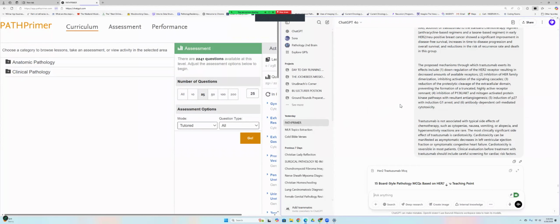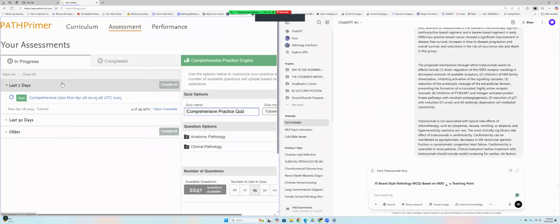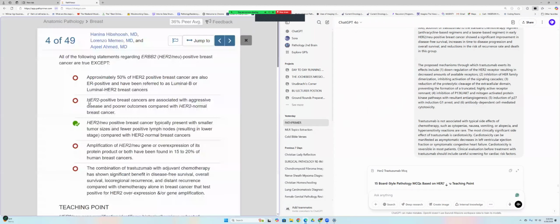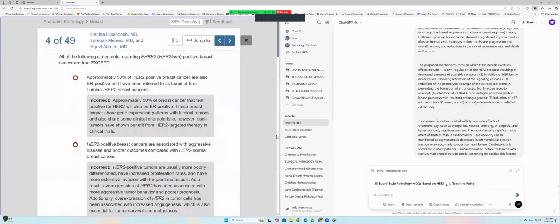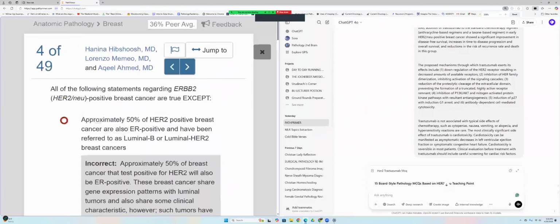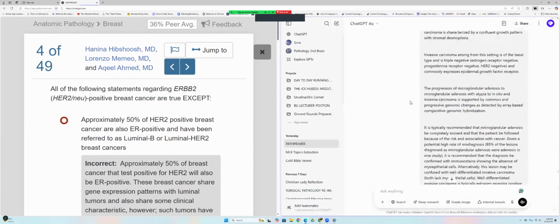Microgranular adenosis. Let the screen be big. Yes, it is. Can you see? Maybe let me also look at my own. Let me make it bigger. Have I exceeded somewhere? Look at mine.